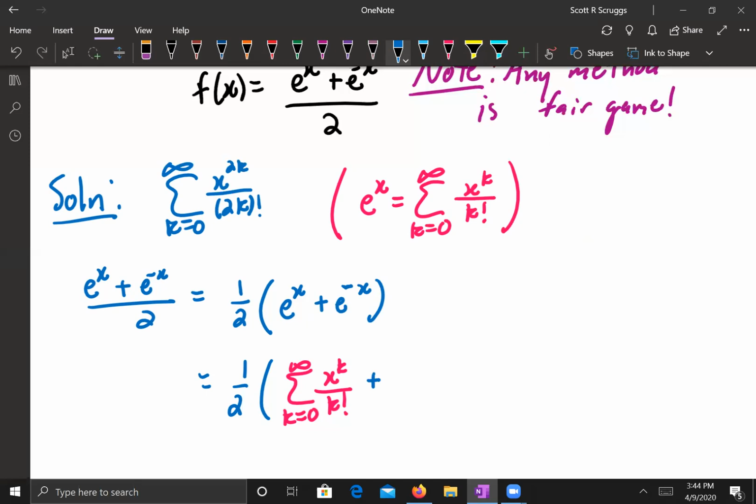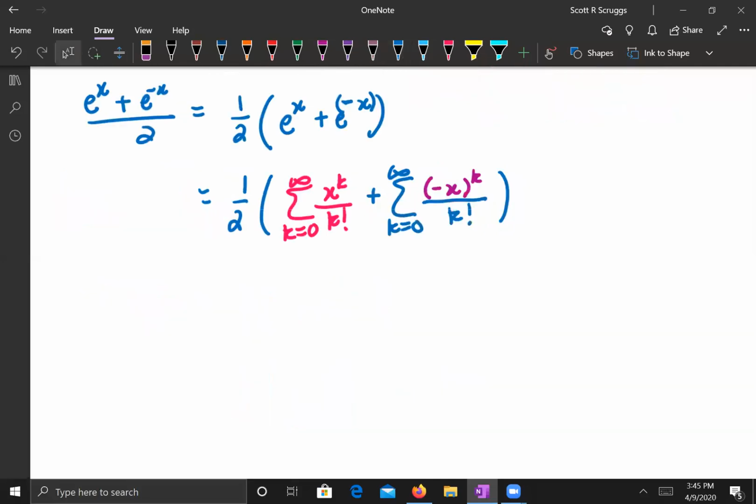Because I have a negative x instead of just an x, what that means when I plug it in is I'm going to have the sum from k equals 0 to infinity like I've done before, but using our property of power series, wherever I saw an x originally, I replace it with that composition, negative x to the k power.